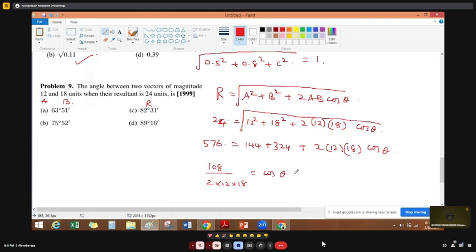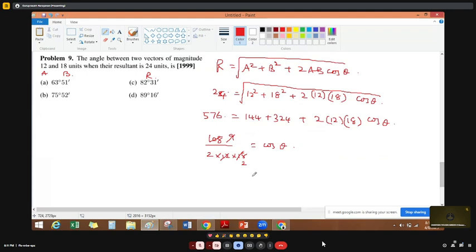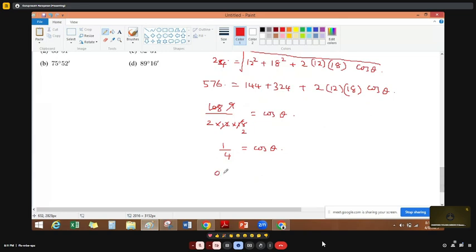Any answers after this? 9. So I'm getting 1 by 4. I'm getting this. So cos theta, I'm getting 0.25.